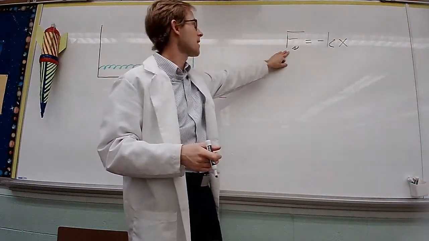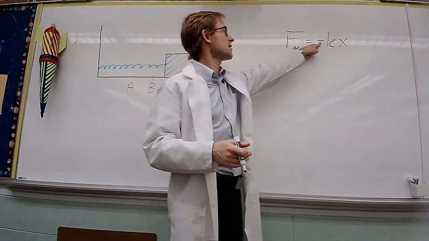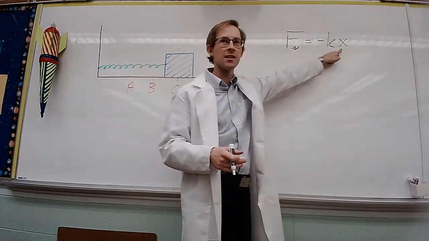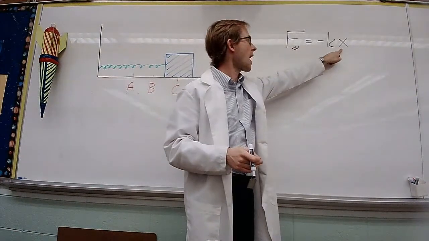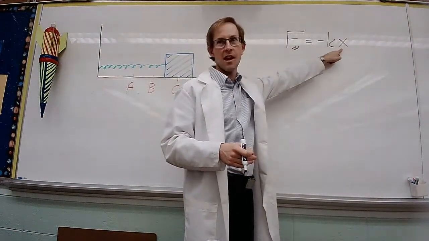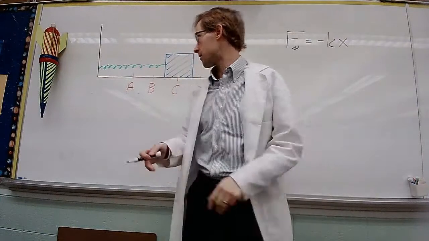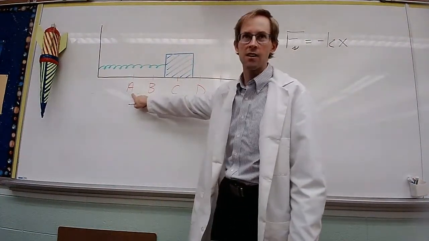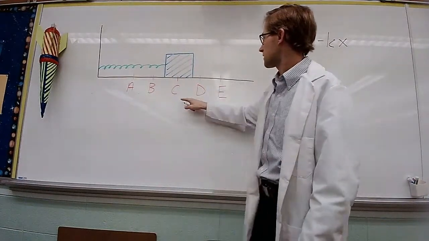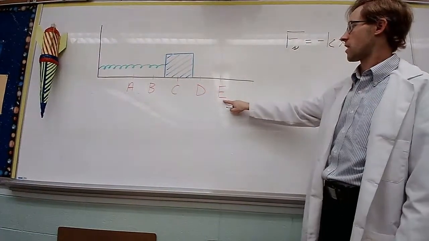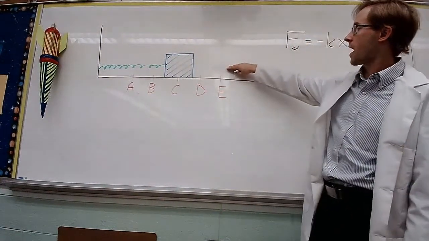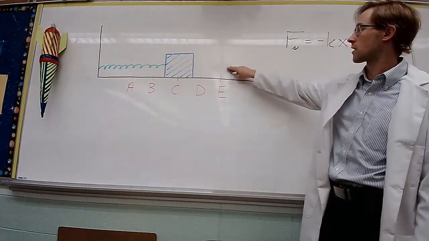As you'd expect, the further the displacement from the 0 point, the bigger that spring force is going to be. Now, the reason it's negative is simply because your displacement is always going to be opposite the direction that the force is applied in. So if you think about it like this, if we say letter A is the negative direction, or let's do it like this, E is the positive direction. And let's just say that our mass is all the way at E over here in the positive direction.